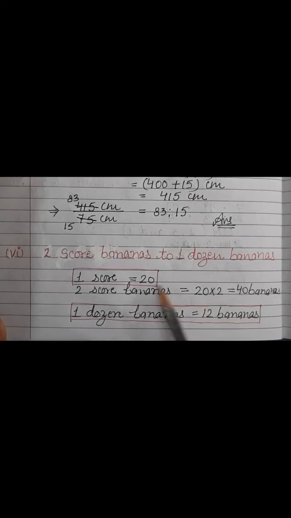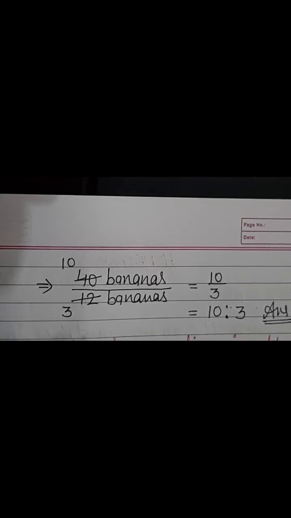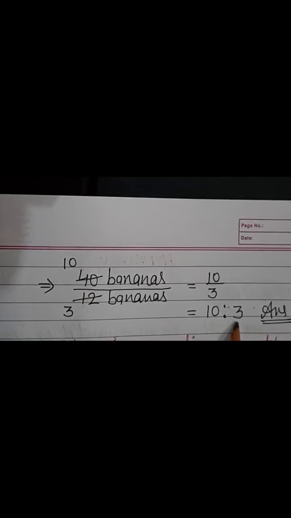Now we have converted these two quantities into the same unit. Clear? Now it becomes 40 bananas upon 12 bananas. Now convert into simplest form, cancel out, 10 by 3 will come, and we can write it as 10 is to 3 in ratio form. Clear?